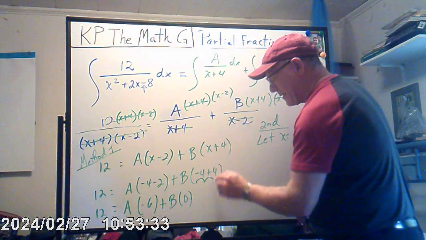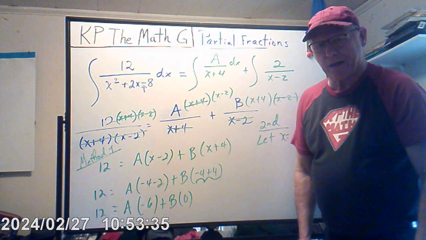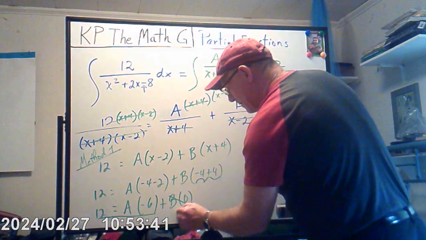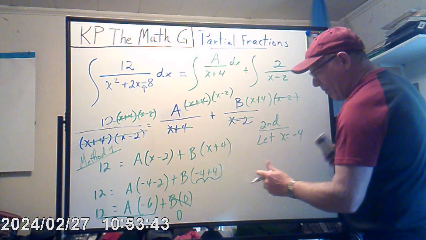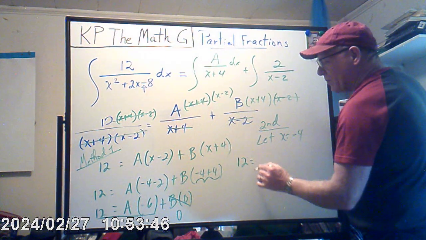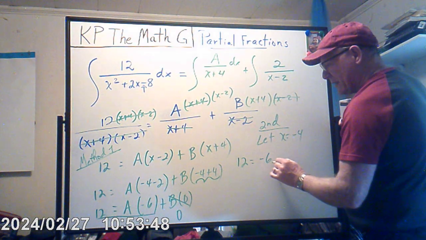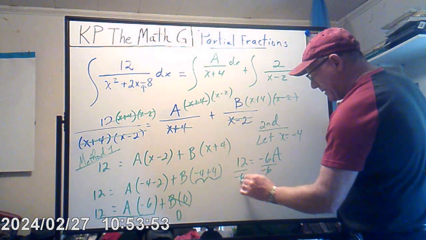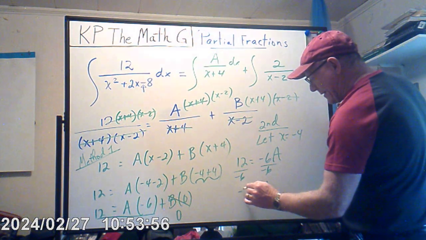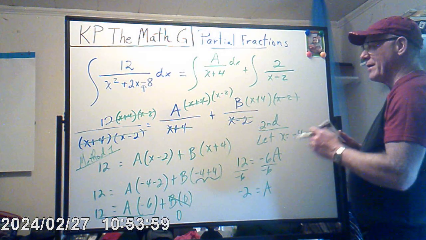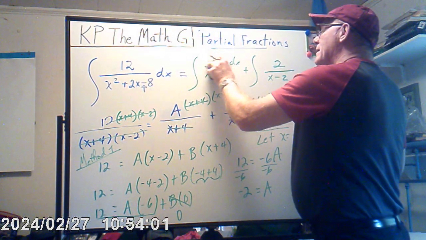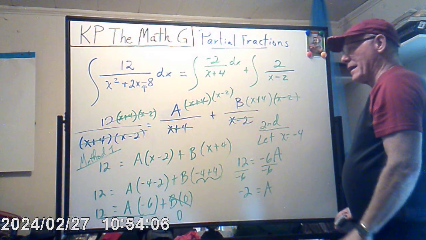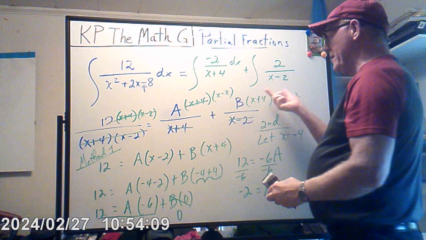This time the 0 is with the b, isn't it? So now we have this part right here. This is 0. So now 12 is equal to negative 6 times a. If we divide both sides by negative 6, a is negative 2. So now I know what a is. A is negative 2.